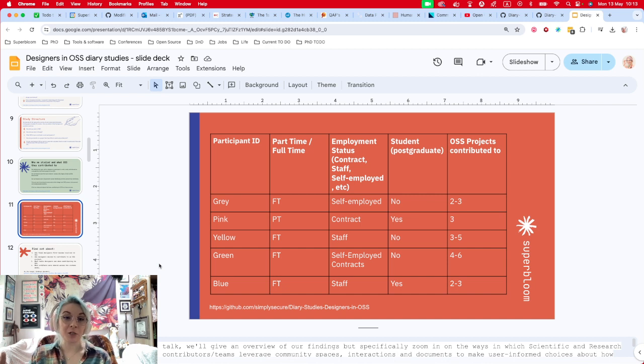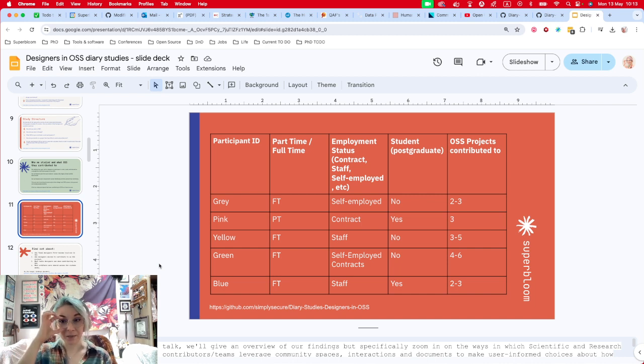We did a reasonably good amount of promo, trying to encourage people to make applications to participate in the diary studies. But if anybody's ever tried to do a diary study before, or studied diary studies as a form of design, user research, information collecting, they are very labor intensive.